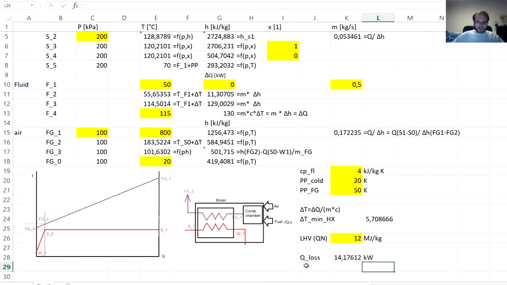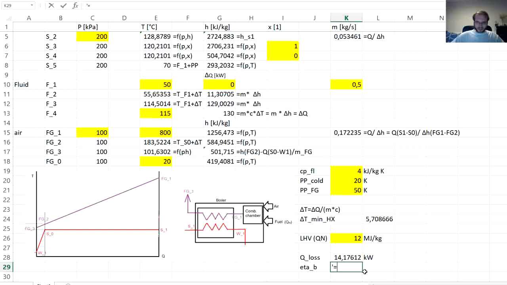So now, assuming that the boiler doesn't have any other loss but the stack loss, we can estimate the efficiency of the boiler. So let's call it eta B. Efficiency is the ratio of what you get compared to what you have to put in.